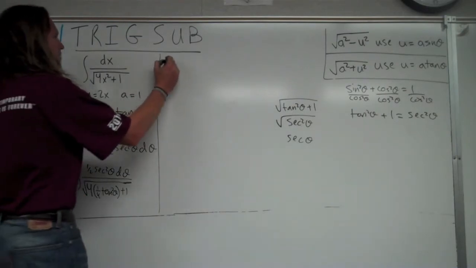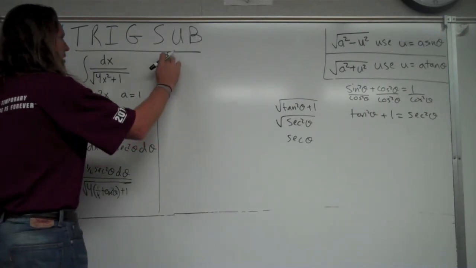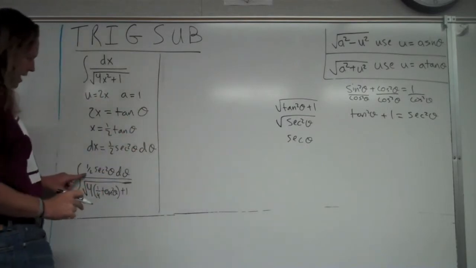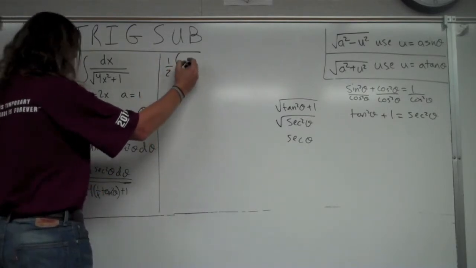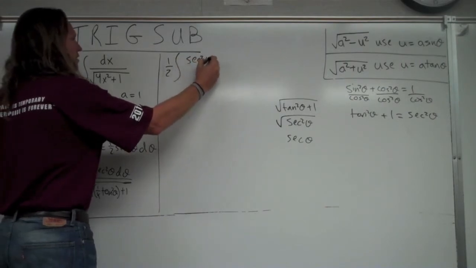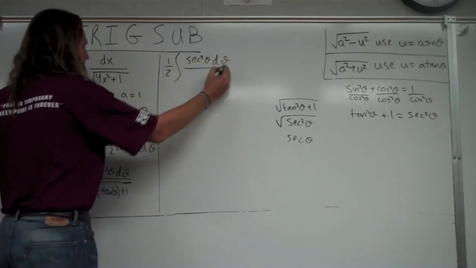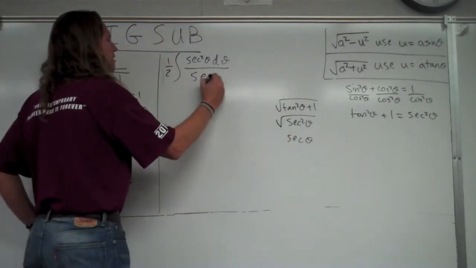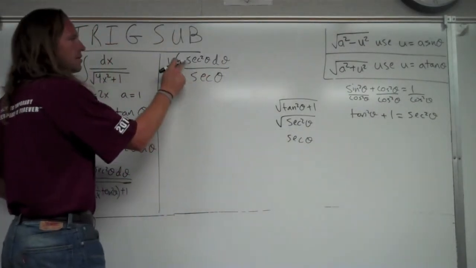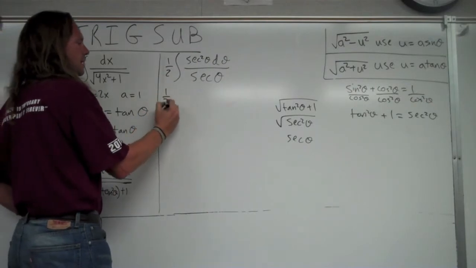Alright, so I'm going to go ahead and do my substitution in here. That 1/2 right there, I'm going to bring outside the integral. It's a constant, so I'm allowed to bring it outside. Secant squared theta d theta over my square root thing, which I said simplified to secant. And now I notice I have secant squared over secant, that's going to cancel.